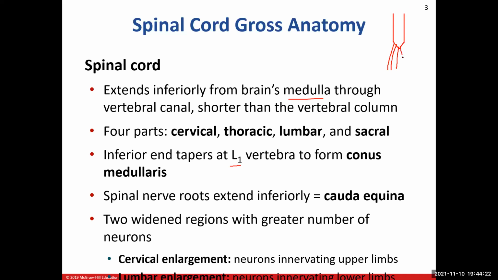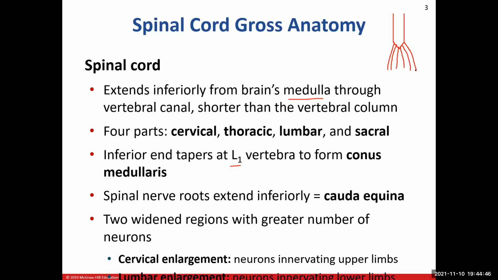Anatomists describe those as a horse's tail, but they didn't call it a horse's tail. They called it the cauda equina. And that's what we're seeing. So at L1, the cord itself terminates, and then what's remaining are these spinal nerve roots just hanging down inferiorly. We call those the cauda equina.